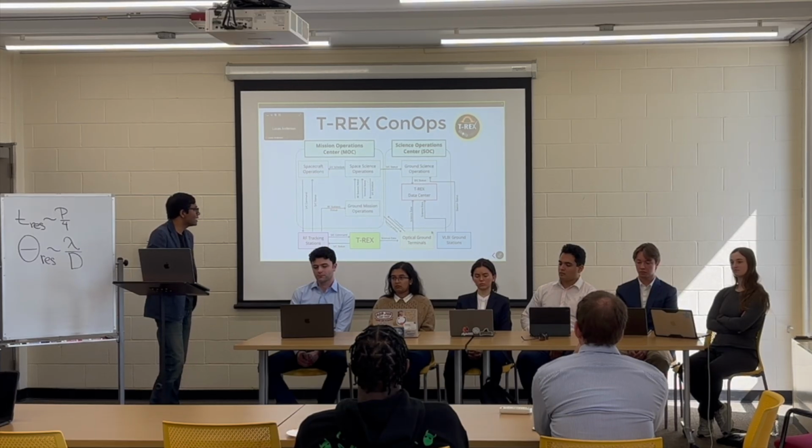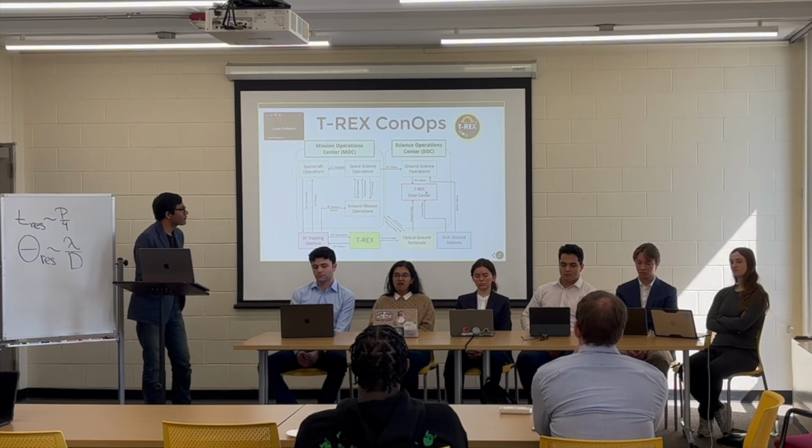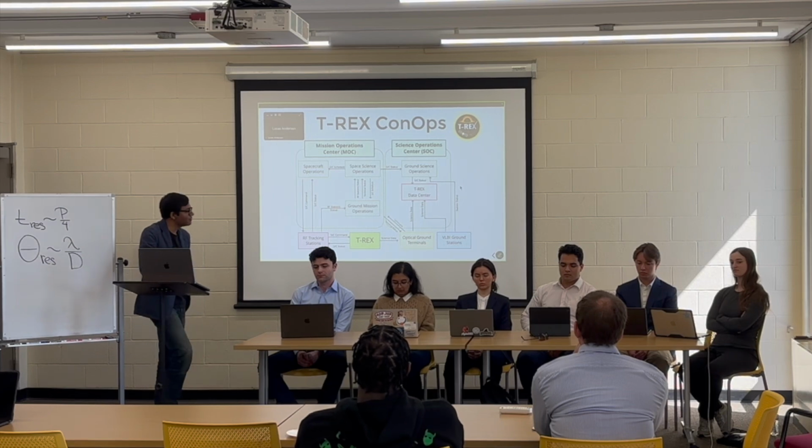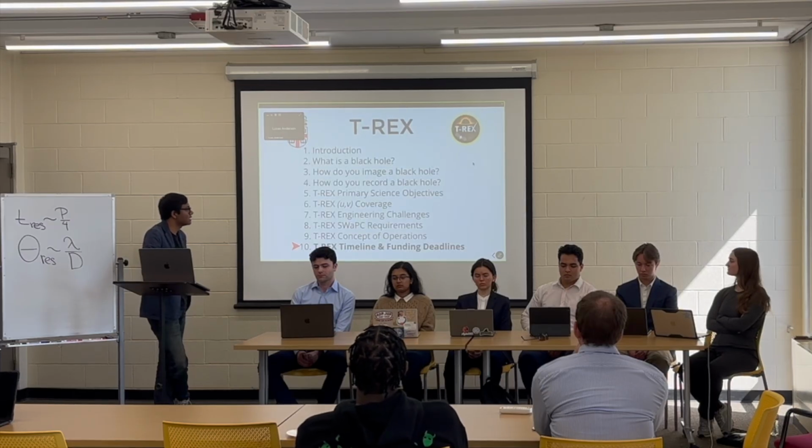And so at the end of the day, the data from ground stations, VLBI telescopes, and the data from T-Rex would all be correlated on the ground. Now, of course, if we're permitted to co-observe with another satellite in medium Earth orbit, then this would add another degree of complication to this concept of operations, but this is the basic idea.